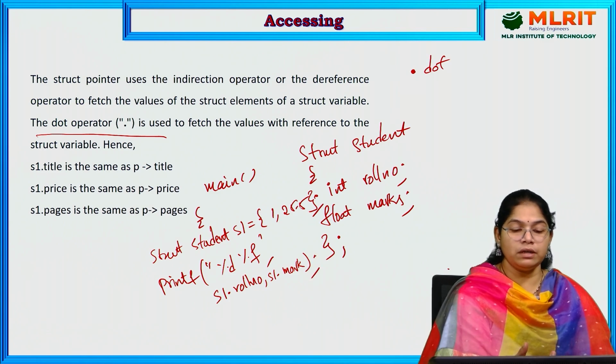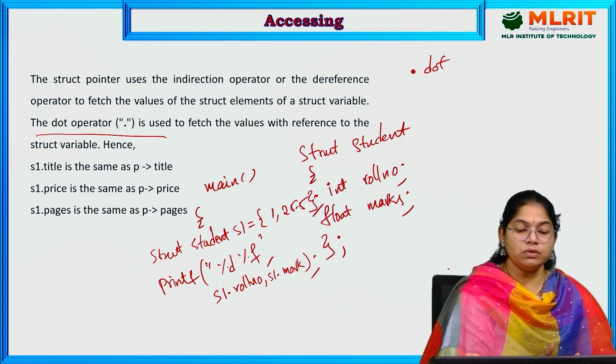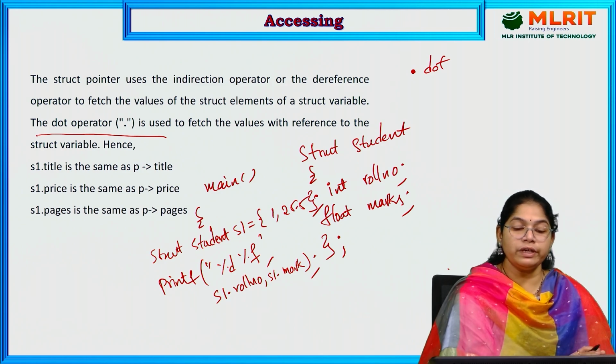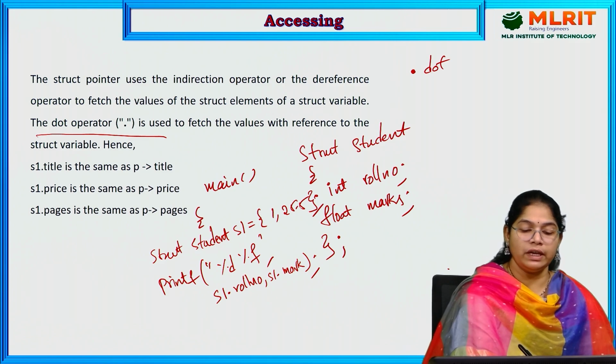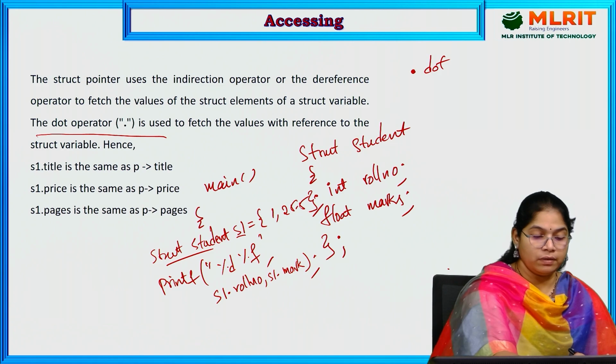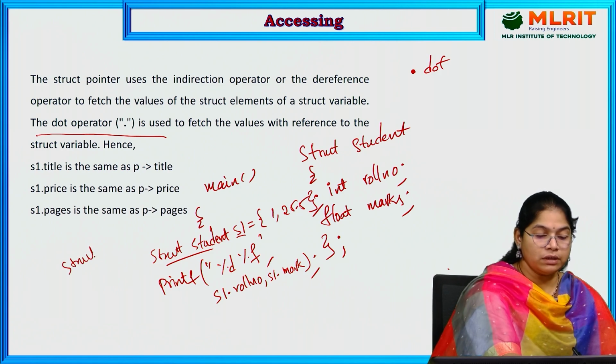If a pointer is created, the pointer must also be of type struct student, because the variable is of type struct student. So how to create a pointer? To create a pointer, struct student star ptr.